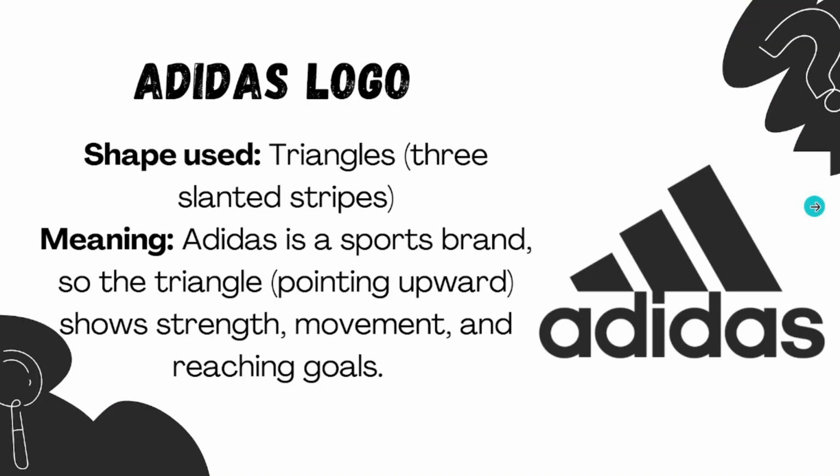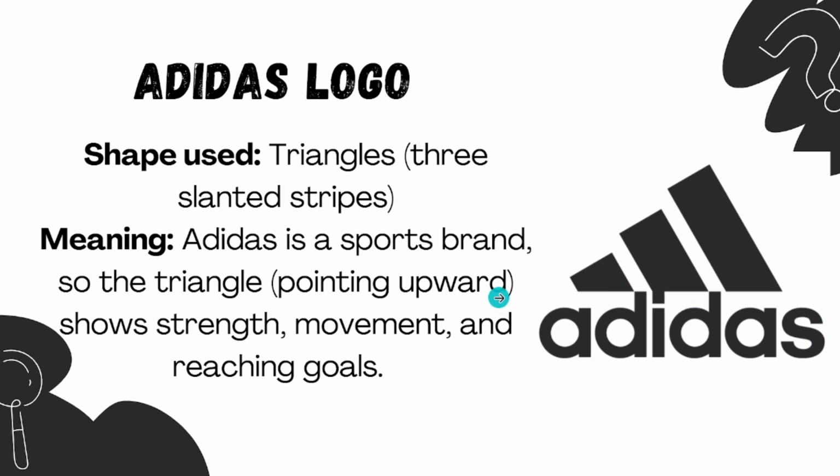The next logo we have here is the Adidas logo. The shape that they use is triangles, three triangles. Sorry, they didn't use a triangle, but they use three slanted stripes to make a triangle. Their logo looks like a triangle.